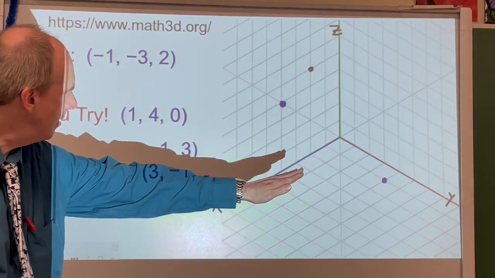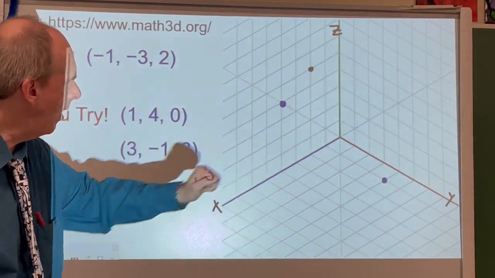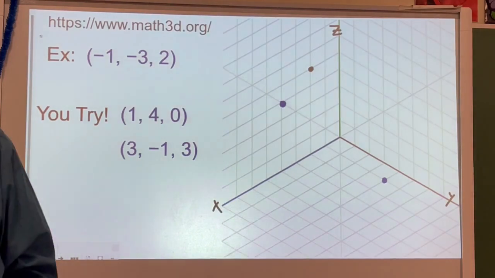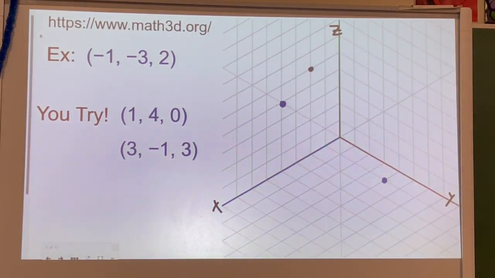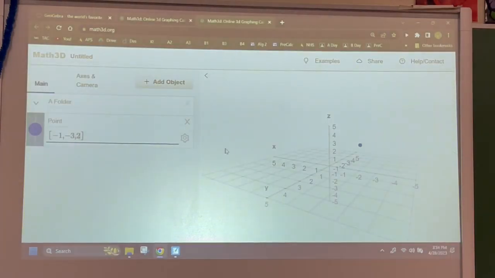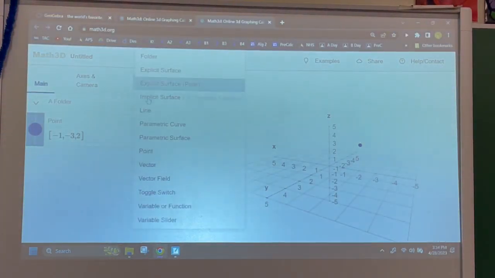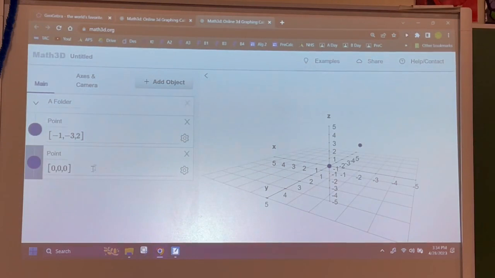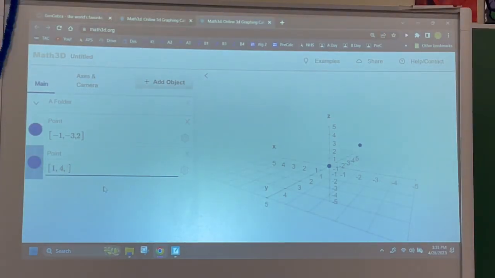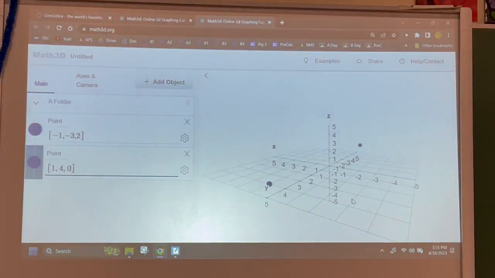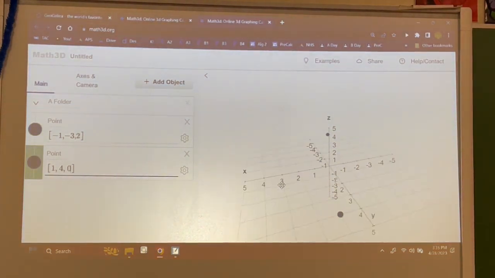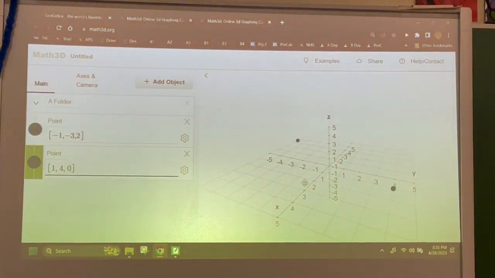You're like, wait a minute. No, these lines are for the y. That's where it gets tricky. If we do it on math3d.org, we'll hopefully see what's going on. Let me add another point. One, 4, 0. I'm going to adjust my XY axes to my liking.